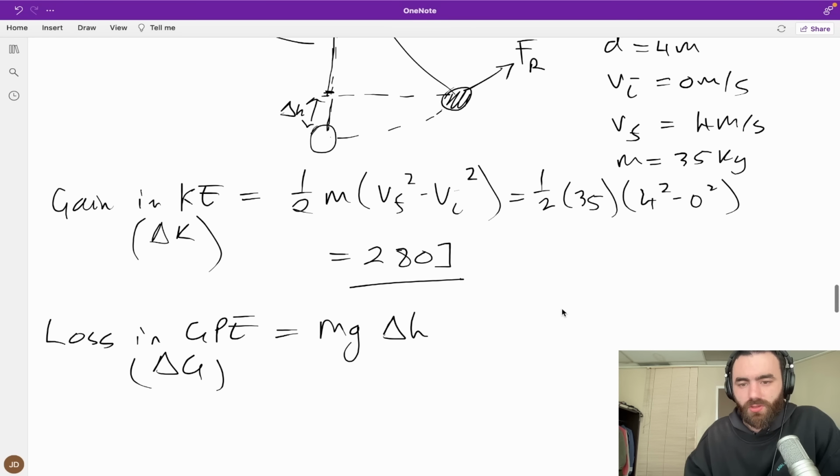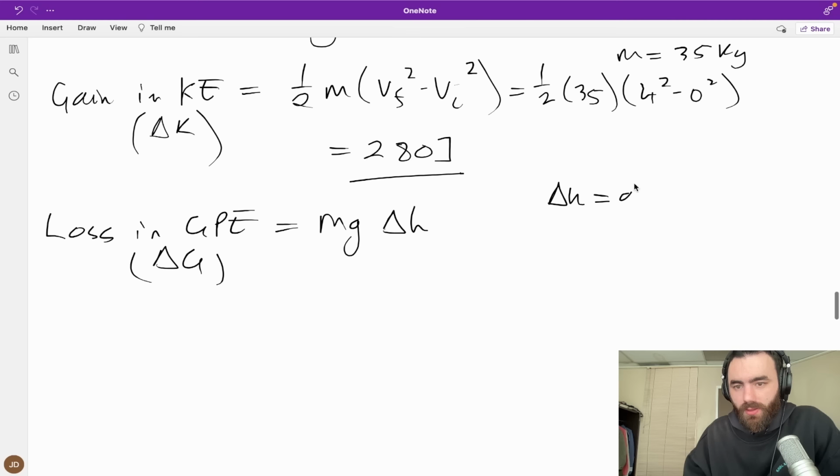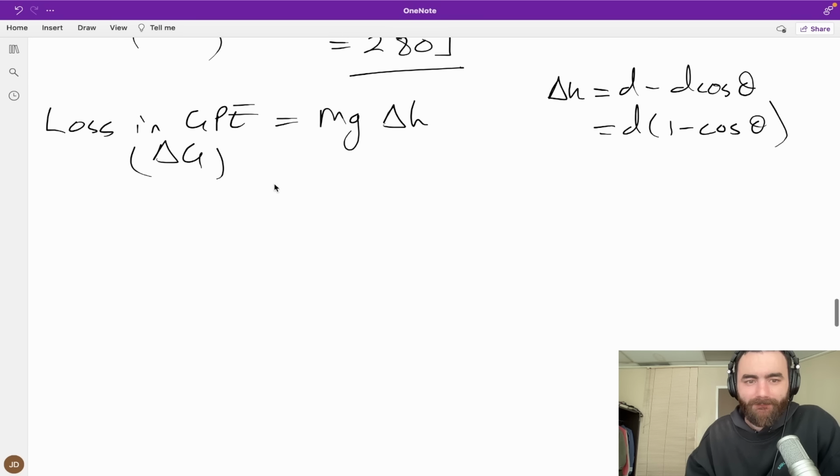Okay, so change in height is d, which is the entire thing, minus this h1, which is d cos theta. So d minus d cos theta. So this equals mg d of 1 minus cos theta.